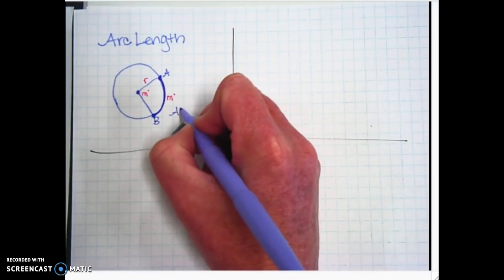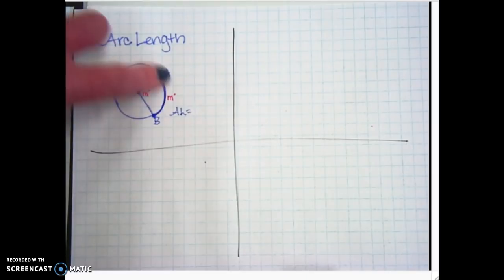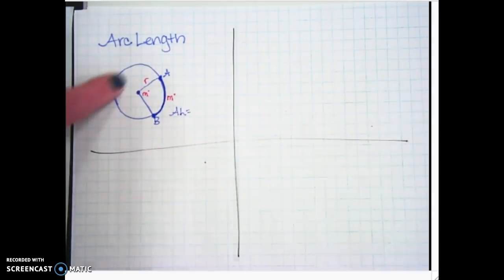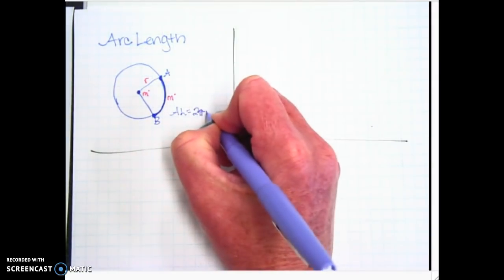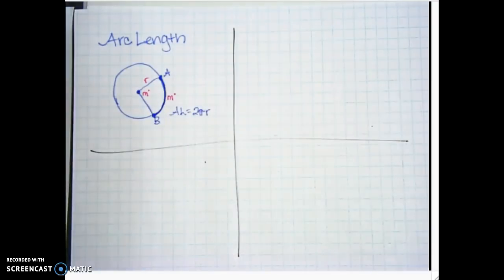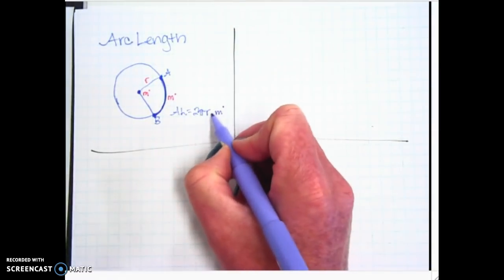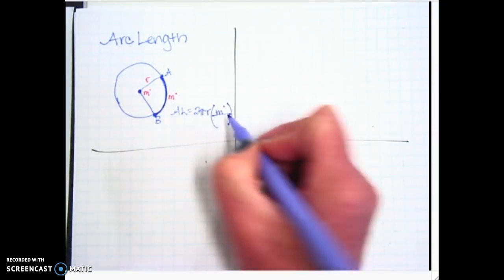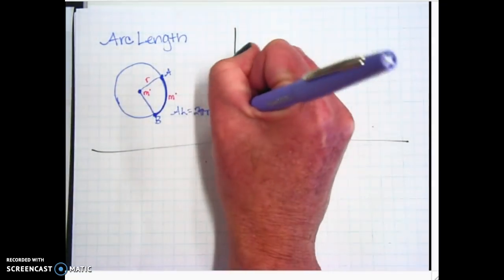And the arc length formula is going to be the circumference of the whole circle. What is the circumference formula for a circle? 2 pi r. You're simply going to multiply that 2 pi r by the measure of that angle, so m degrees over the total degrees in a circle, which is 360.